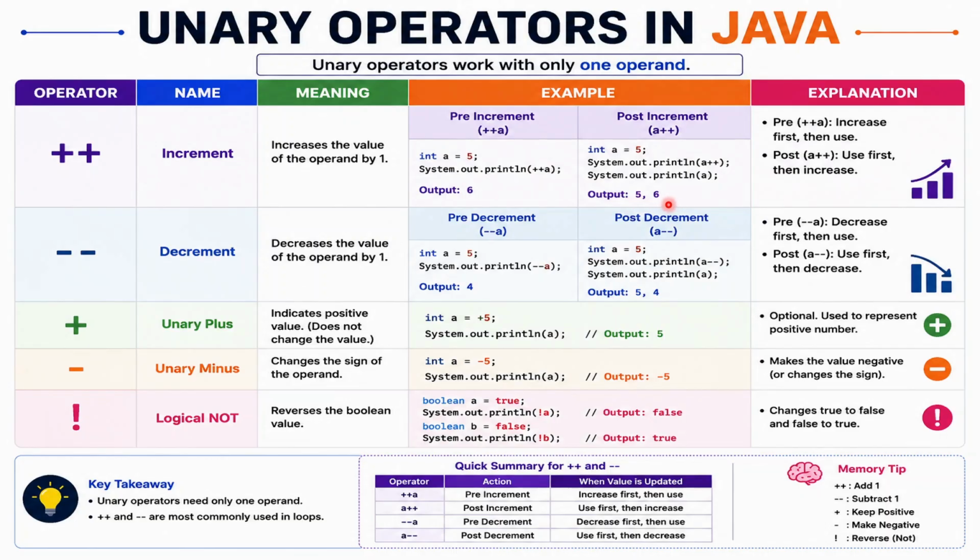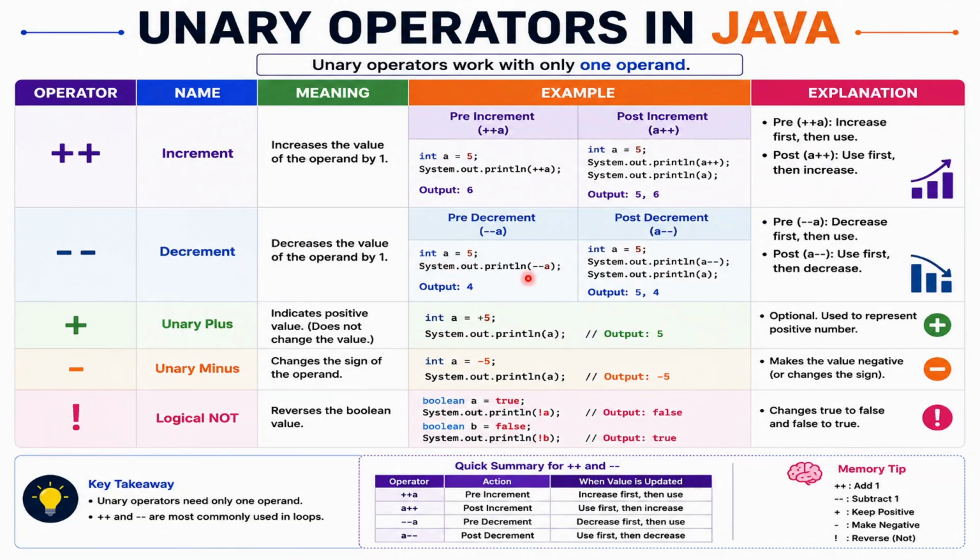Similar to the increment operator, we have the decrement operator. It works the same way as the increment operator. The meaning is it decreases the value of the operand by 1. In pre-decrement, it decreases first and then uses it. In post-decrement, it will first use the value and then decrease the value. In the example, we have integer a equal to 5.